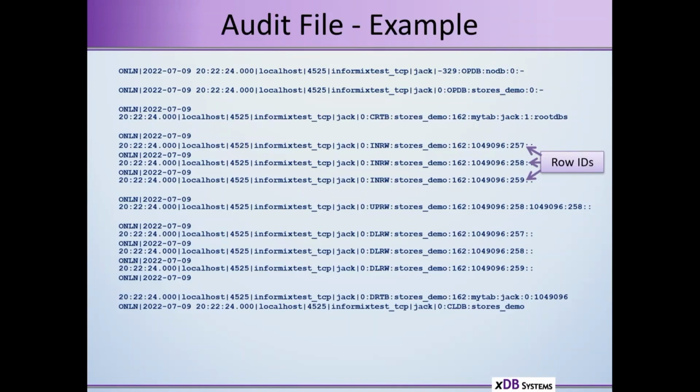If we look at the following update here, we know the user's updating that row, and we've got the tab ID and these row IDs. So Jack updated the 162 table, which we know from earlier is my tab, but we don't know the details of the change.